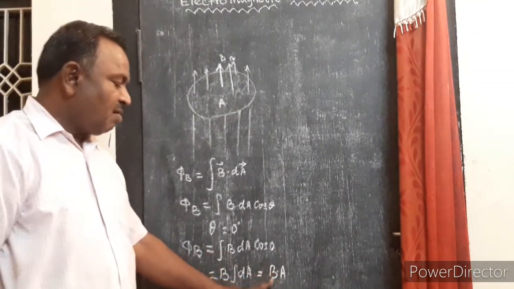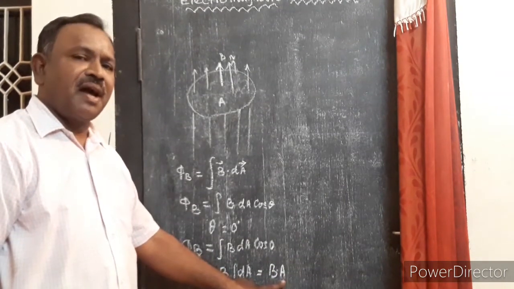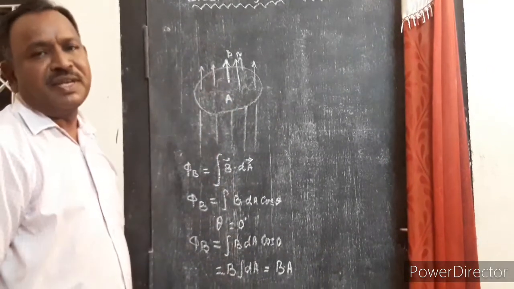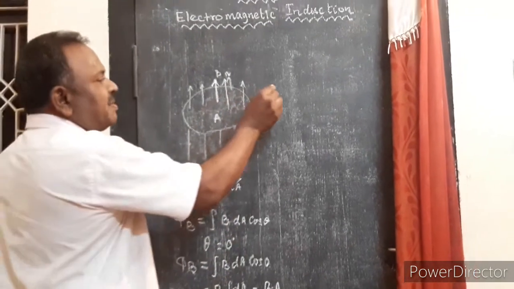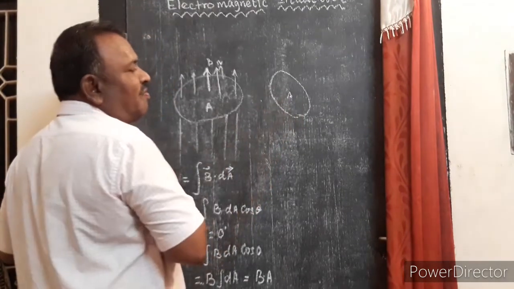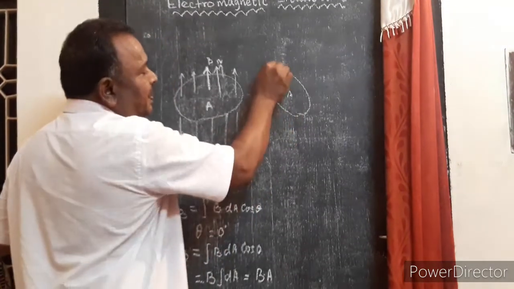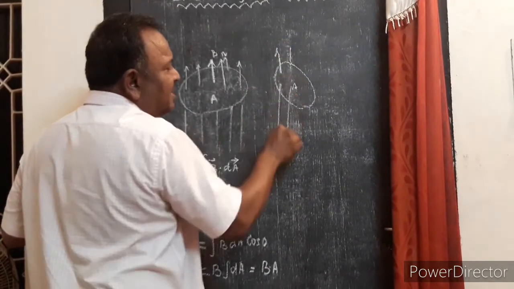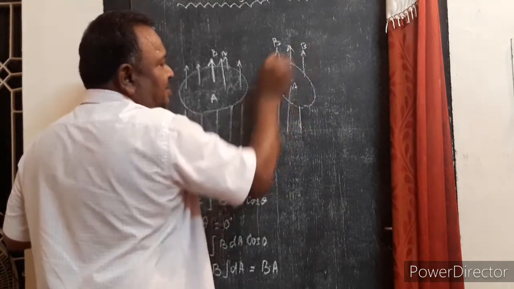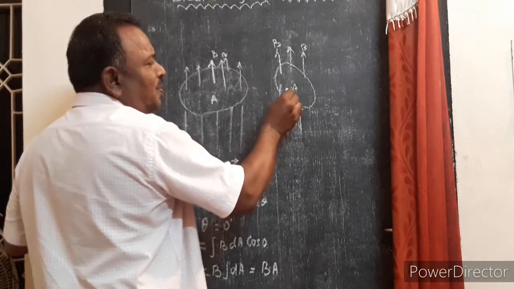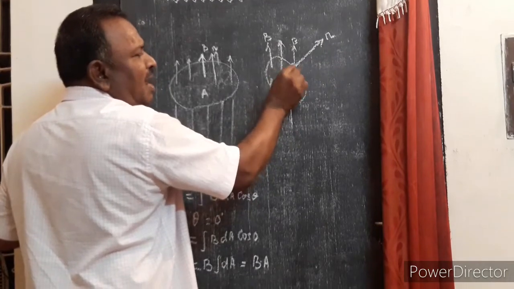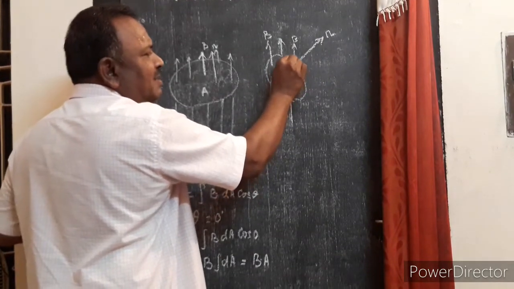This is the expression for the magnetic flux. Magnetic flux is the product of magnetic field and area when the magnetic field and area are perpendicular to each other. On the other hand, if I have an area like this, and I want to find the magnetic flux through this area, the magnetic field lines are acting in this direction. When I draw the normal to this area, this normal and the magnetic field make an angle theta.